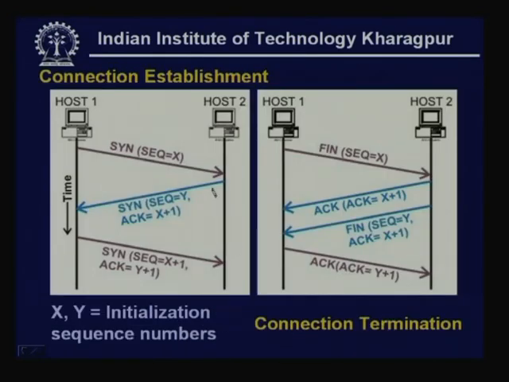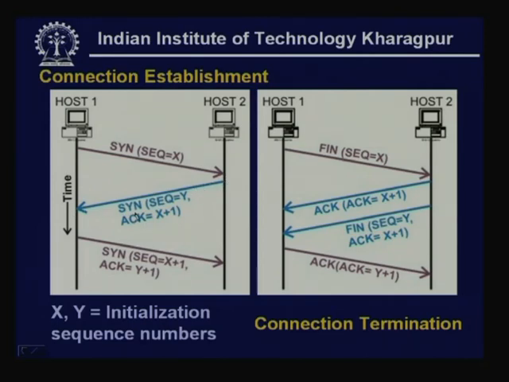So, to establish a connection, as I mentioned, the SYN flag bit is set, and then the sequence number is set to some value x. Here you are sending one datagram to the host on the other side. In response to that, the host on the other side will send an acknowledgement.